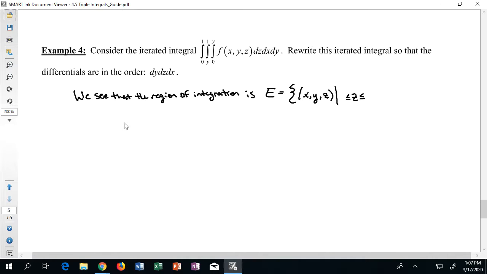Z is automatically wedged between 0 and y. x is wedged between y and 1, and y itself is wedged between 0 and 1. So this is the information I'm starting with. So I kind of already have a description of the solid. I just don't really know what the solid looks like.